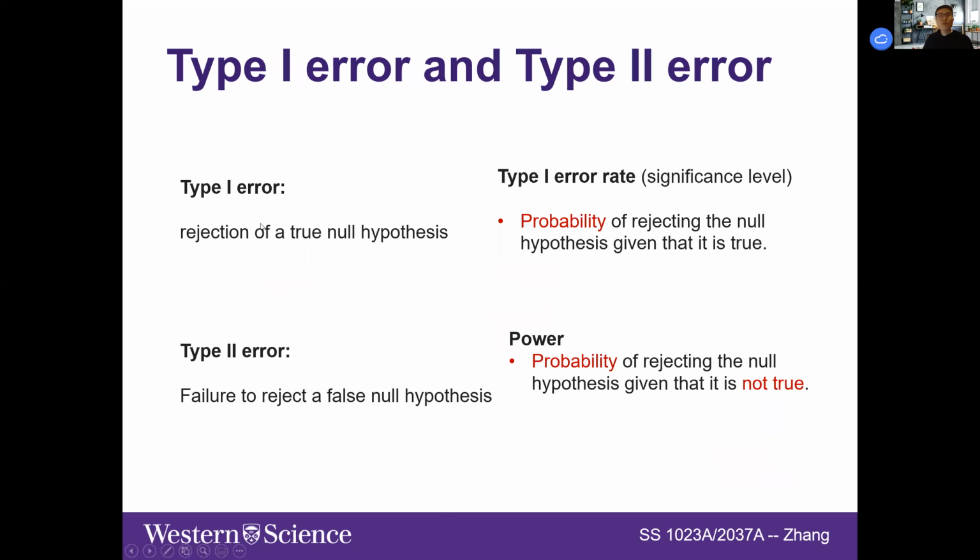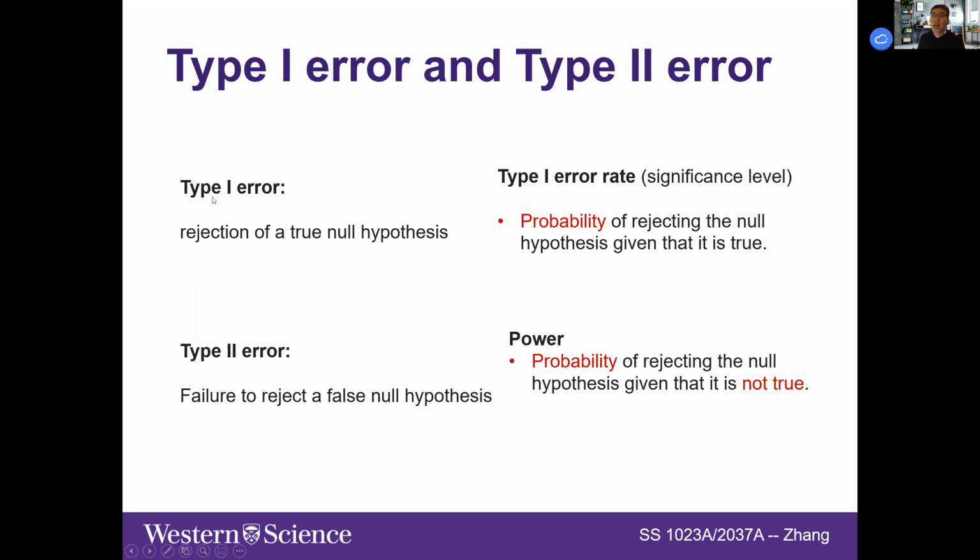As you can imagine, these two errors represent different meanings. That's why we distinguish type 1 error and type 2 error, according to whether we are talking about the true null hypothesis or the false null hypothesis.